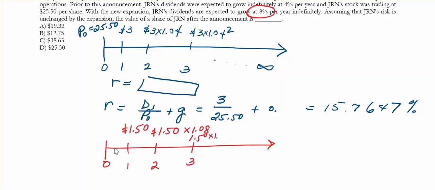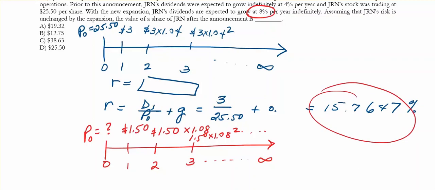And so the dividends will grow at 8% every year off of a lower year one dividend forever. We want to know what would be the price under this new plan. Well, we've calculated the return that's being used by investors that they require. So we know to discount at this rate.